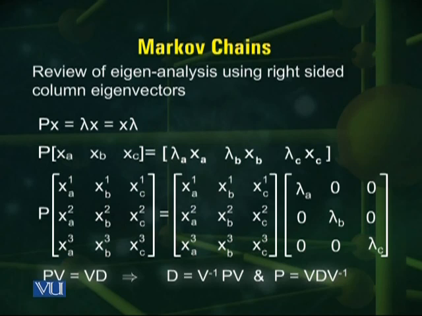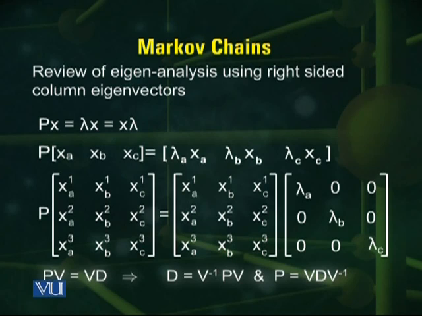Starting with this equation which describes the matrix multiplication version of the above equation, PV being equal to VD, we can get 2 representations of D, where D is V inverse times P times V, and P is V times D times V inverse.